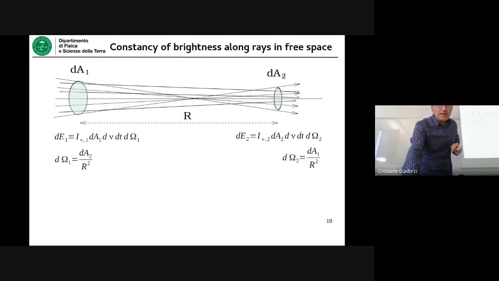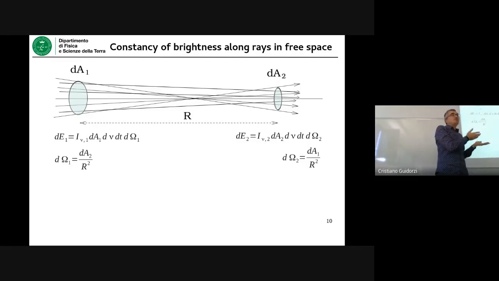If you now replace d omega 1 into here and d omega 2 into here, we need some further considerations. Now we have selected, from both points of view, only the rays that cross both surfaces. And indeed, you expect that the amount of energy crossing one surface will equal the amount of energy crossing the other surface, because the very same rays are traveling in the vacuum, so nothing can affect them.